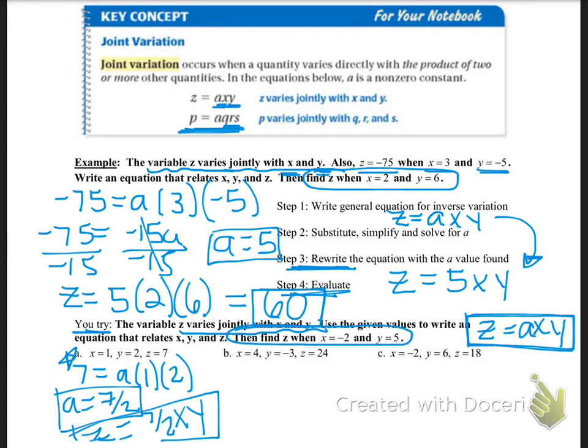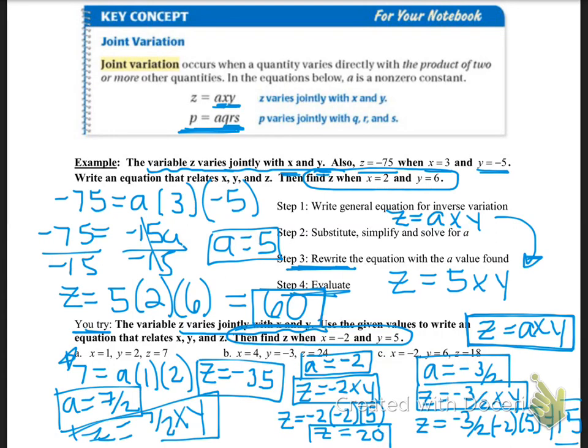So if you plug in -2 for x and 5 for y, you get z equals -35. Pause the video, do B and C, then resume to check your answer.